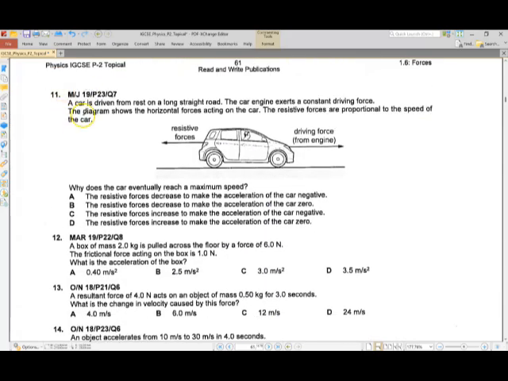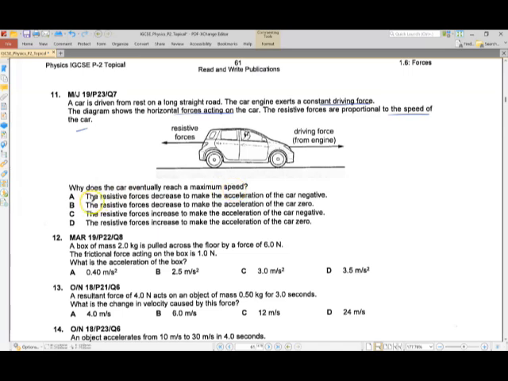Question number 11. A car is driven from rest on a long straight road. The car engine exerts a constant driving force. The diagram shows the horizontal forces acting on the car. The resistive forces are proportional to the speed of the car. Why does the car eventually reach maximum speed?